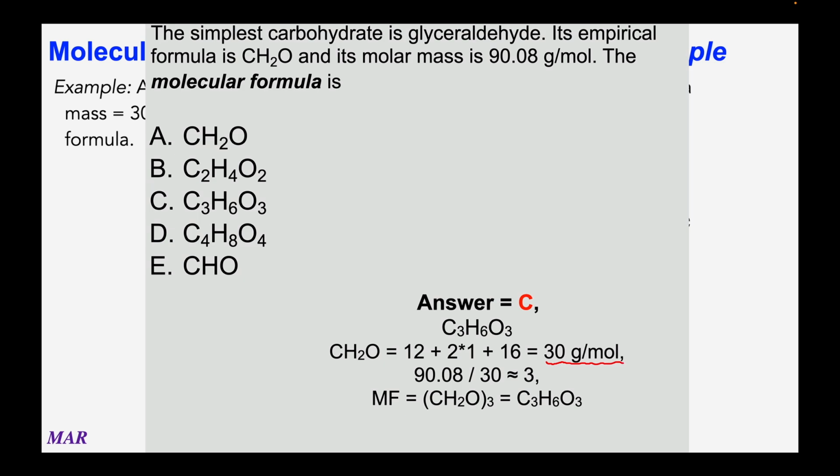I found the empirical formula's molar mass, and cheesy sig figs works because the ratio you're going to get is always a whole number. In this case, the ratio is almost exactly 3. That ratio of 3, you multiply by the empirical formula to find the molecular formula. So CH2O taken 3 times gives you the answer here, C3H6O3.